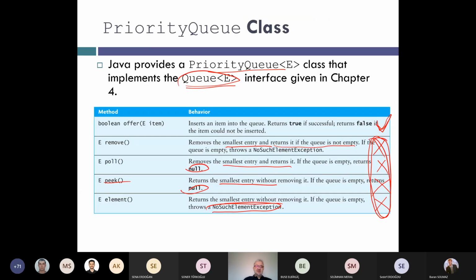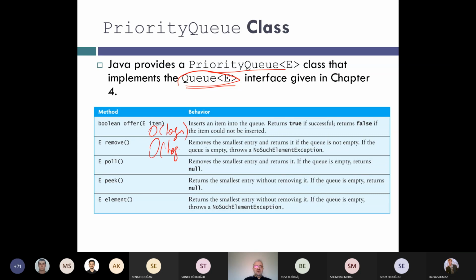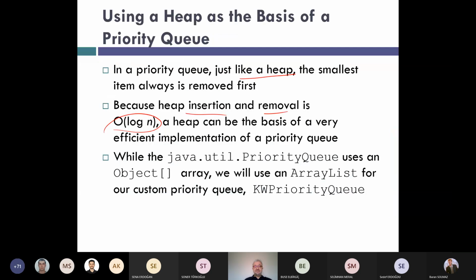So all these operations, insert, remove, or poll, will take logarithmic time. Without removing the element, to return the smallest entry at the root, we can access it in constant time. So element and peek operations are constant time operations using a heap, you remember, right?